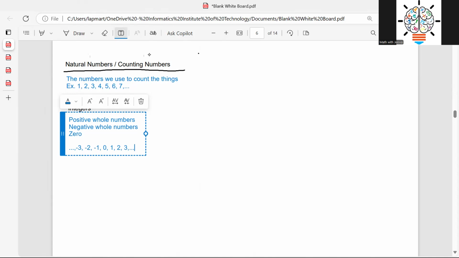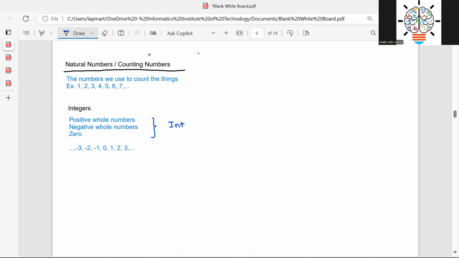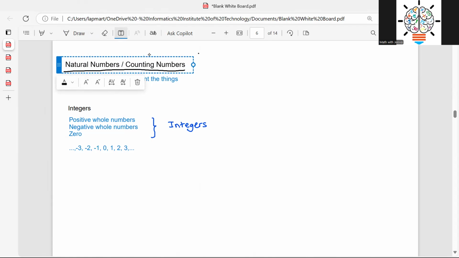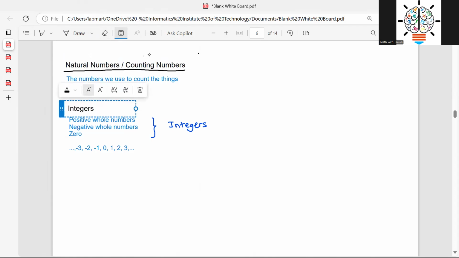Then you put 3 dots here to show that the list is going on. When you consider all of them together, we call this integers, right?